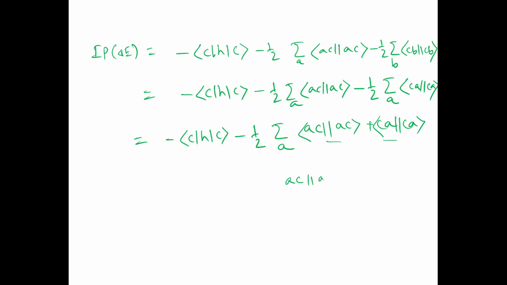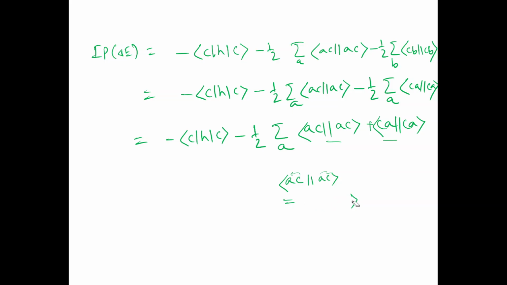So AC, AC, you can write it as, now if you use the symmetry here, you can see that if you switch these two and these two, they are basically the same, right? So you have CA, CA here. So they are the same, right?